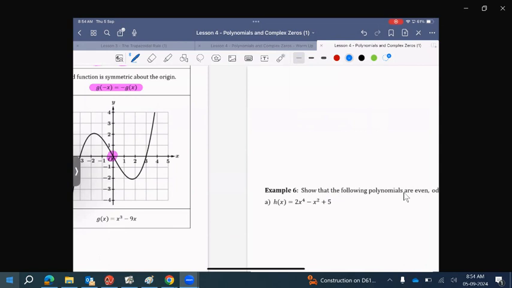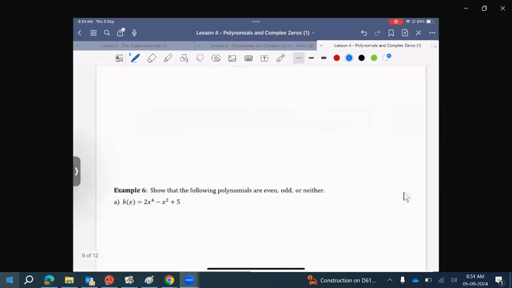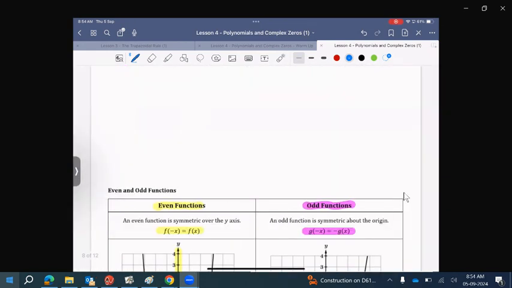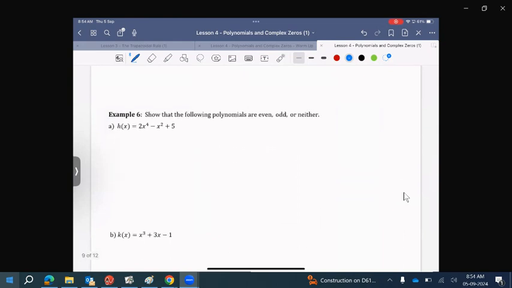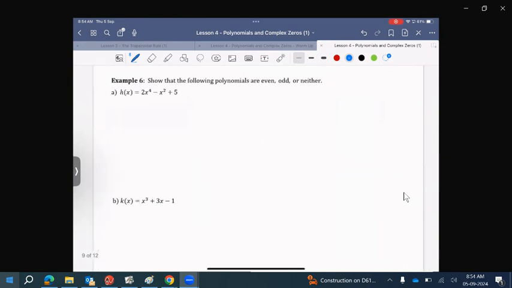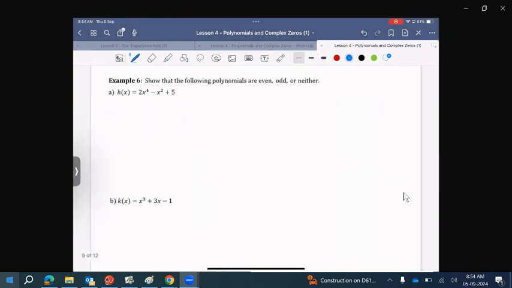I will do a proof for one of these ones. Let me do this one as an example. Show that the following polynomials are either odd, even, or neither. Always start by entering h of minus x. See what we get.